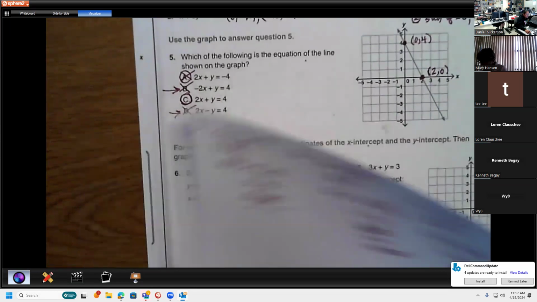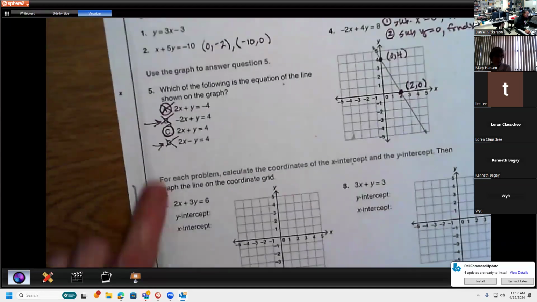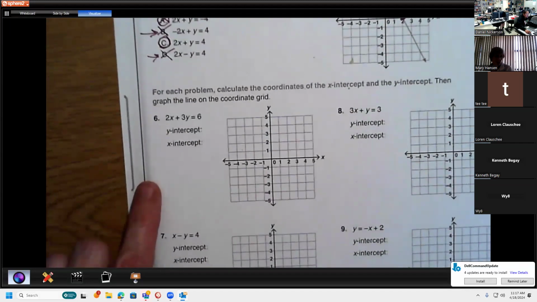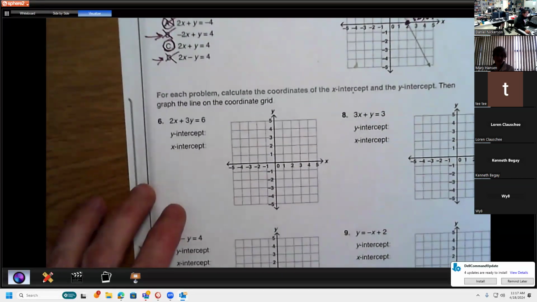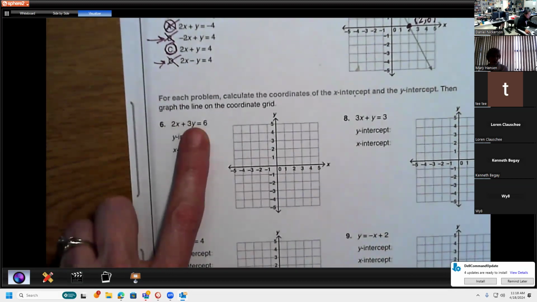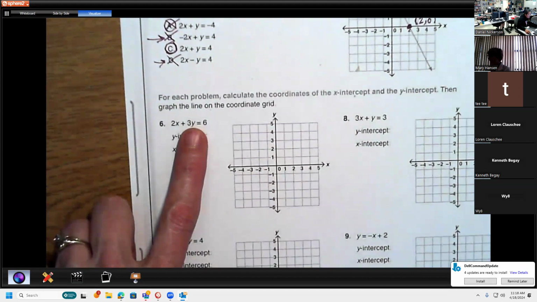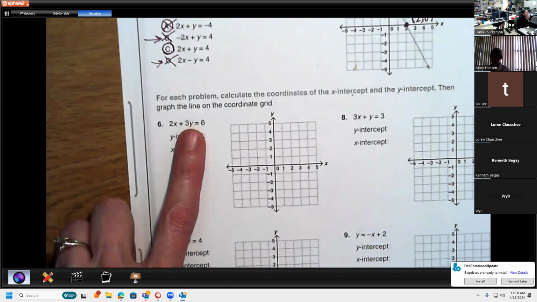All right, let's take a look at the bottom of the page, because that's kind of where we're headed. Although on the GED, they could give you an equation, and then your 4 answer choices could be 4 different graphs with 4 different lines on them.